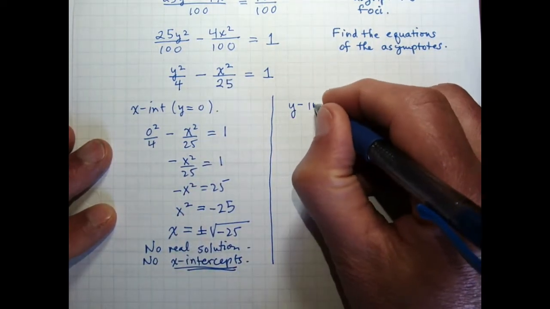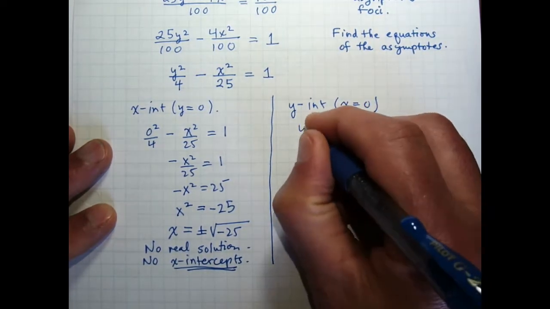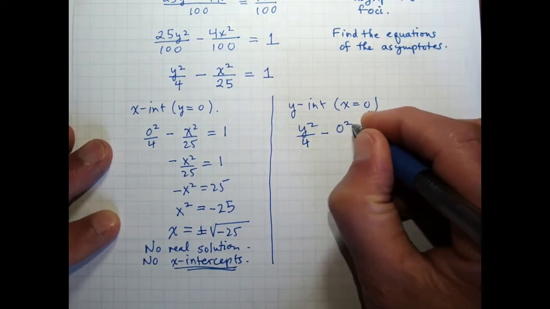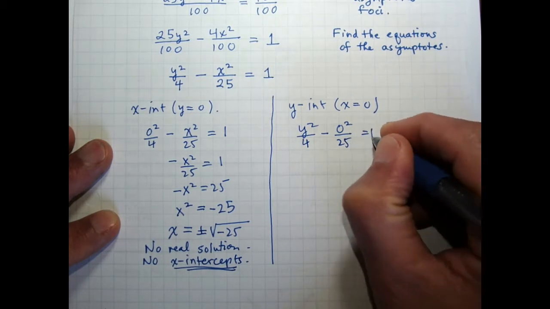If I look for y-intercepts by setting x equal to 0, y squared over 4 minus 0 squared over 25 equals 1.